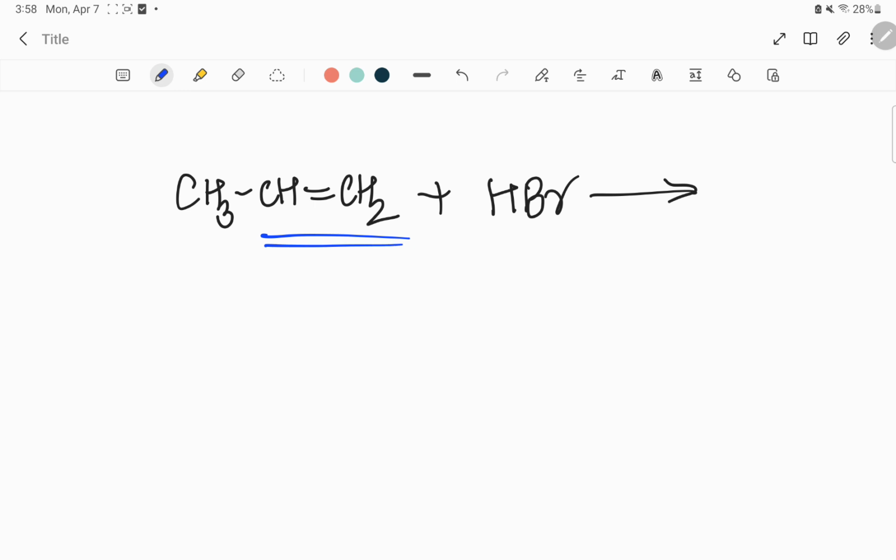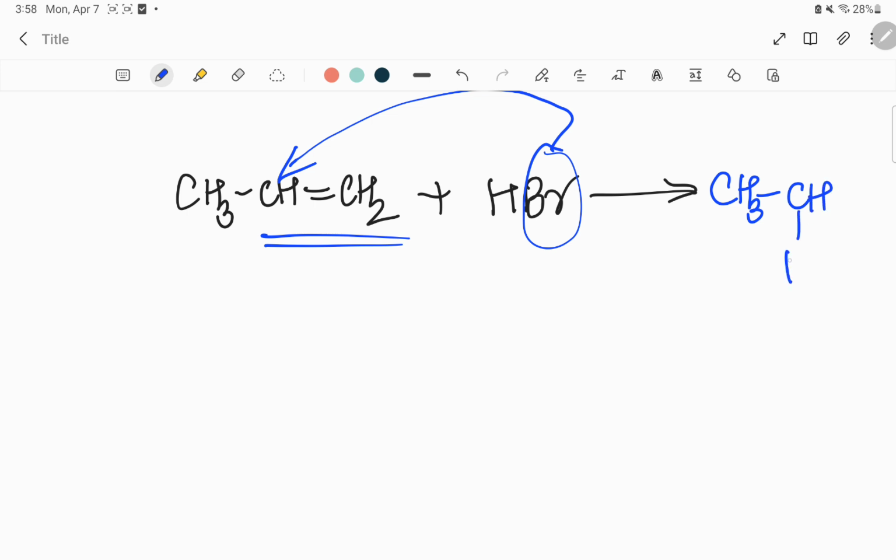So the halogen will attack the doubly bonded carbon atoms. But according to Markovnikov's rule, the halogen can attack only the carbon having lesser number of hydrogen atoms. So as a result, you will be getting CH3, CHBr, CH3.